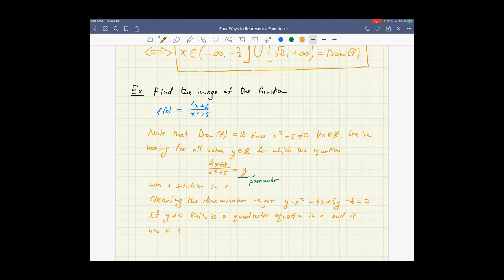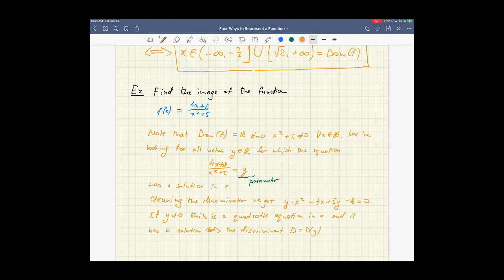It has a solution if and only if the discriminant D, which is in this case a function of y, since y is a parameter in the equation.